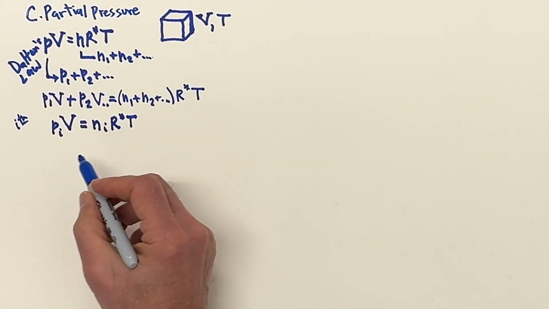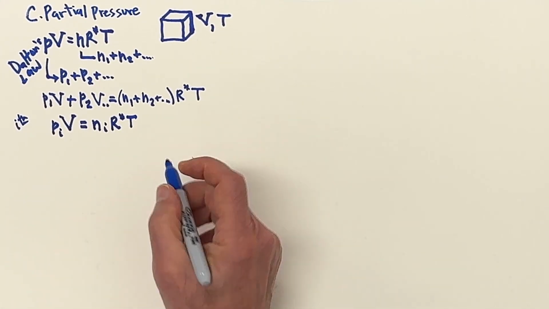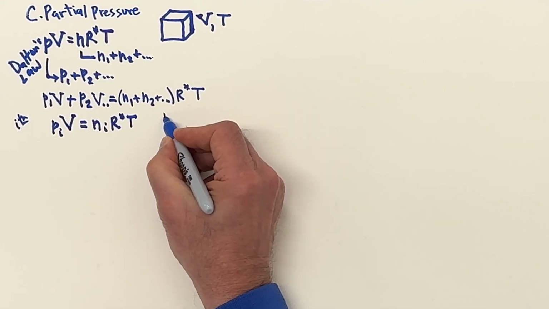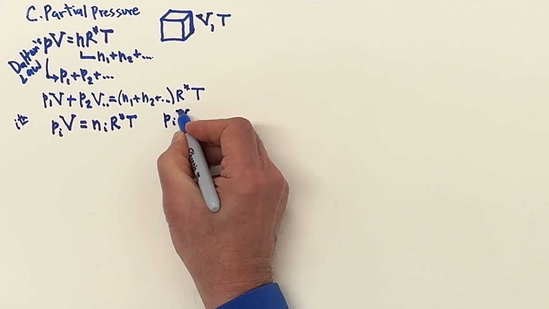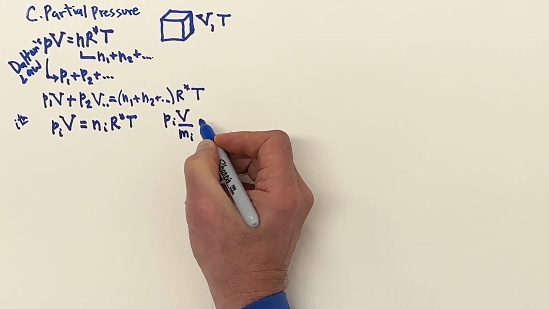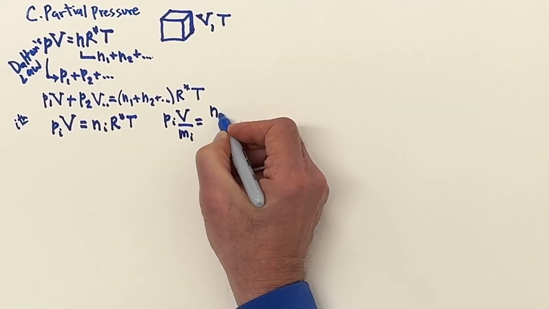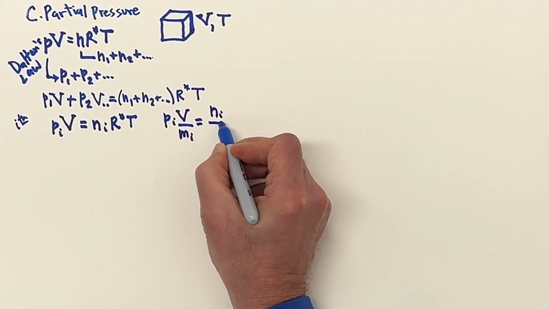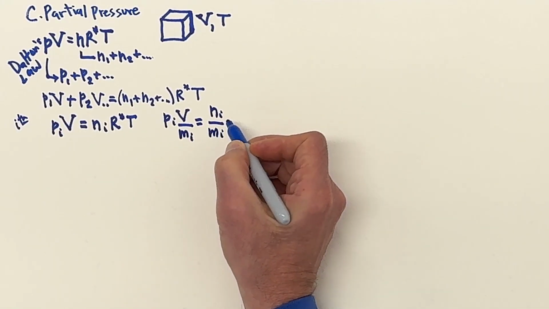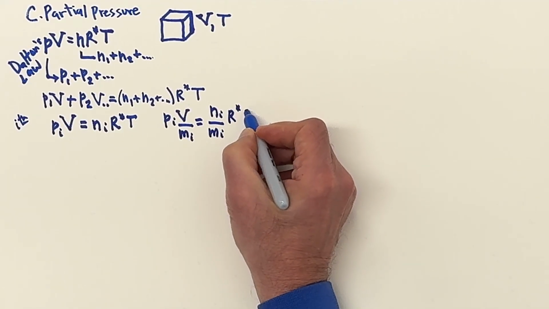So now what we're going to do is divide by the mass of the ith gas. All right, so we do that. We'll have Pi, volume is the same for all the gases, divided by the mass of the ith component is equal to the number of moles, and we divide by the mass of that component, and then R star times T.